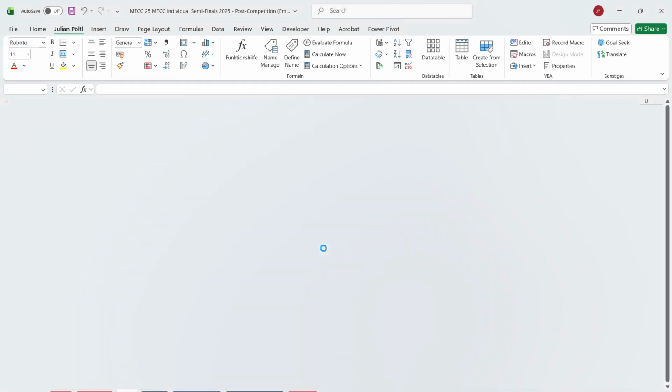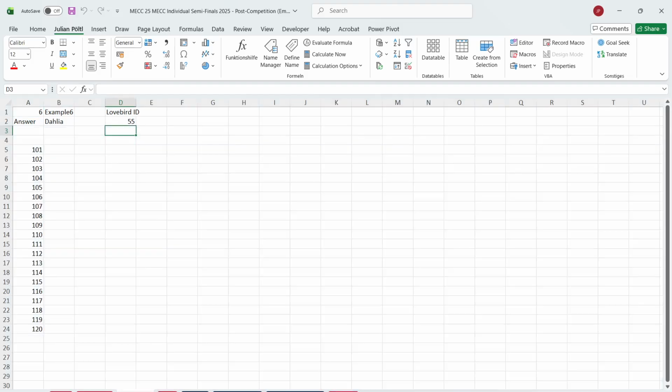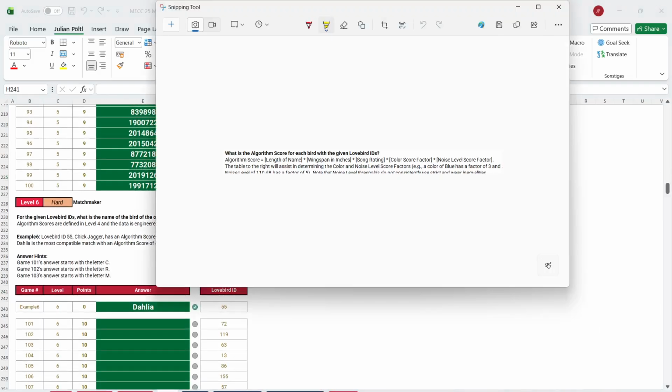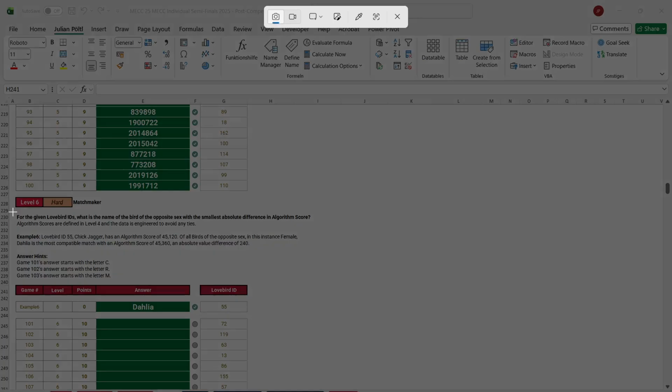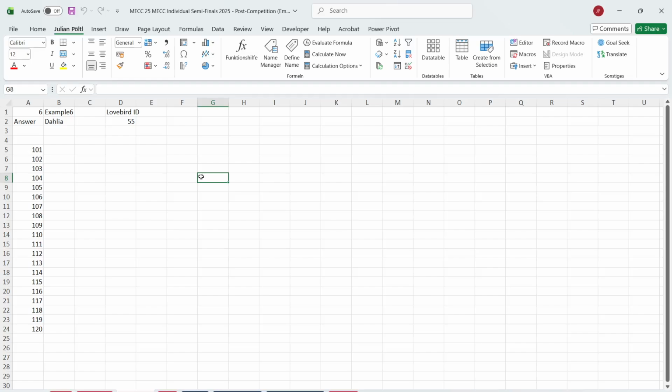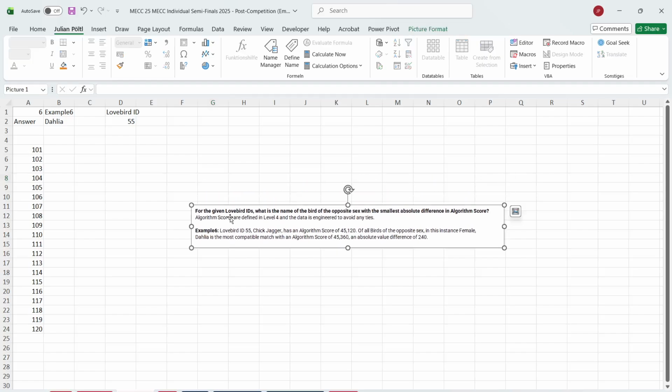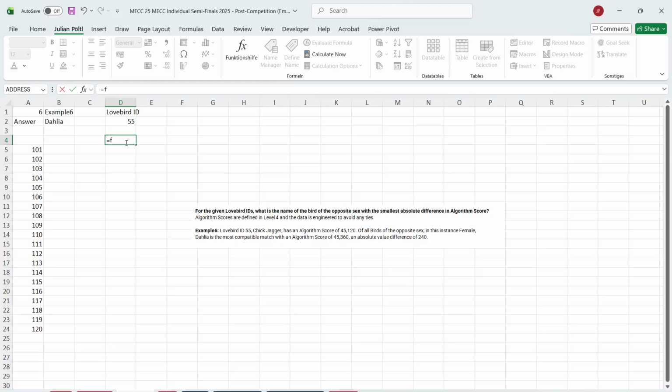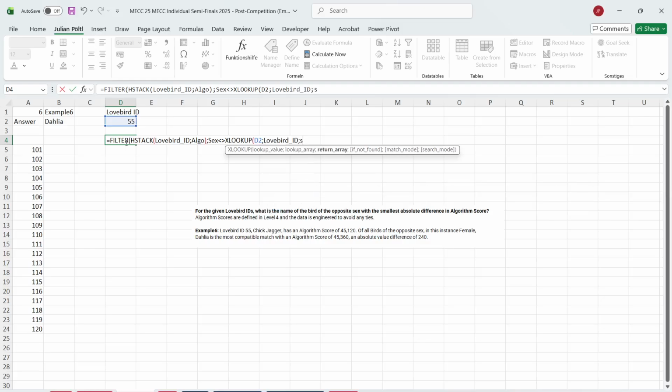Okay, Davis. For the given Lovebird IDs, what is the name of the bird with the smallest absolute difference in algorithmic score? Filter haystack Lovebird ID and algo if sex is unequal to XLOOKUP Lovebird IDs.